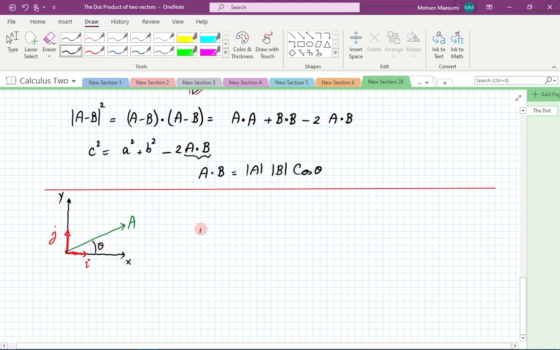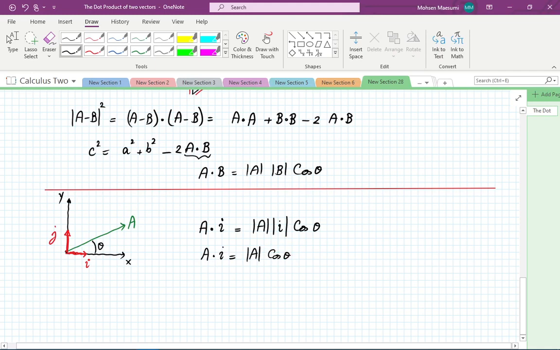Let's go ahead and write the dot product of a and the vector i. What's that going to be? We said the length of a, the length of i, times the cosine of the angle between the two of them. Well, a dot i is the length of a, times the length of a unit vector, which by definition is 1, so it becomes a cosine theta.